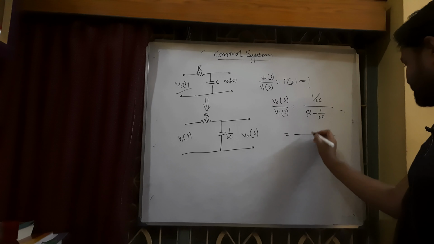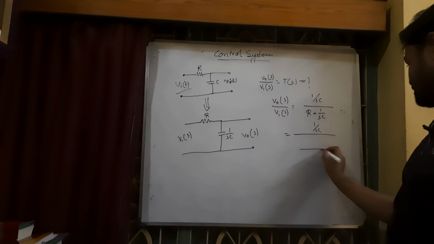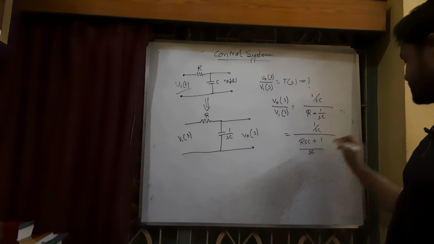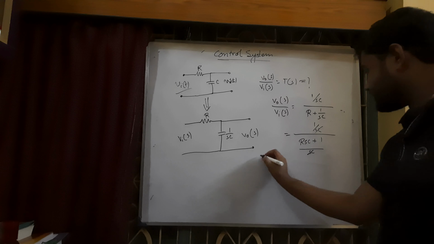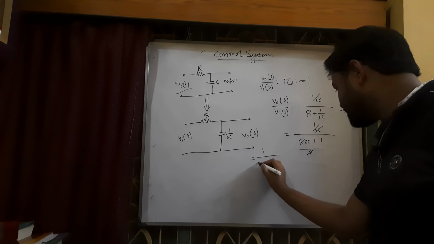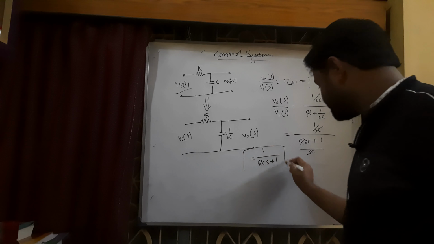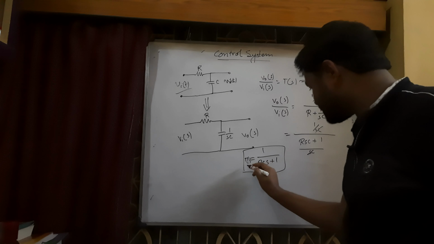Let us simplify this one. 1 by SC over (RSC plus 1) by SC, SC gets cancelled and it will become 1 by (RCS plus 1). So this is the transfer function.